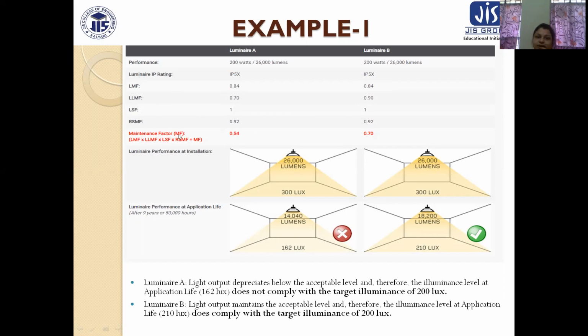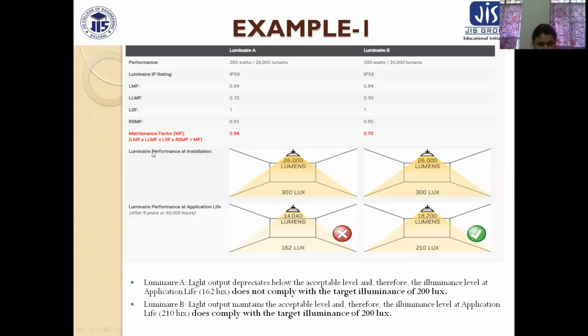So the maintenance factor MF equals LMF times LLMF times LSF times RSMF. Already it was discussed in the previous slides. So MF equals 0.54 for luminaire A, and for luminaire B it is 0.70. Okay.